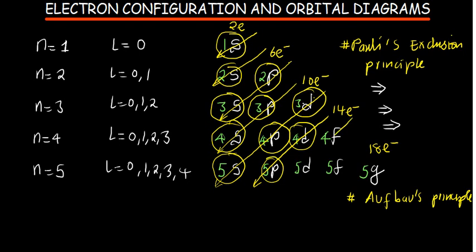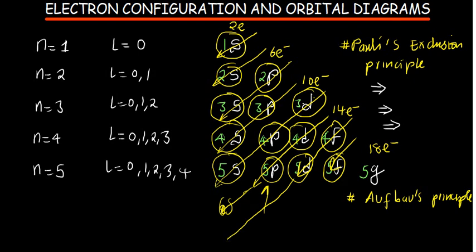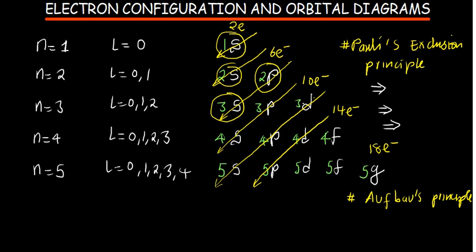And then you continue, you also come this side, 4f, 5d, and then 5f. The arrows are still going. After the 5p, you are supposed to go to the 6s here. That's where the arrow is going, and this arrow will continue like that. I've not written everything down there, but that is how you follow energy. Which one has lower energy than which one?